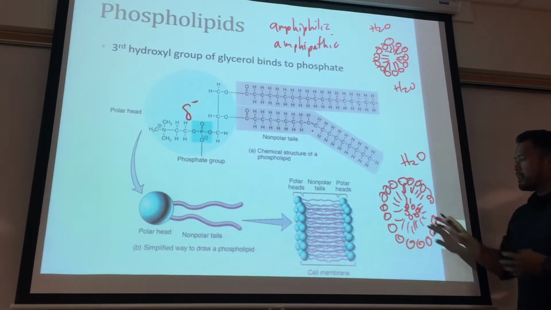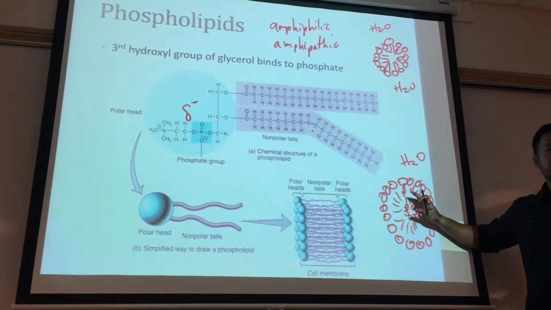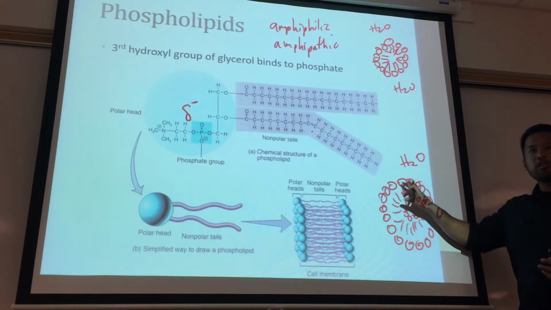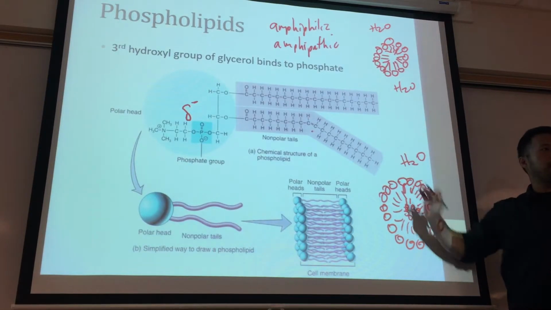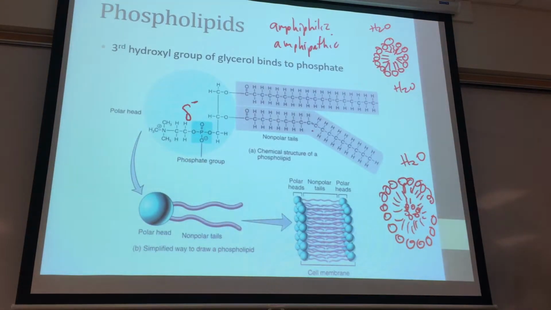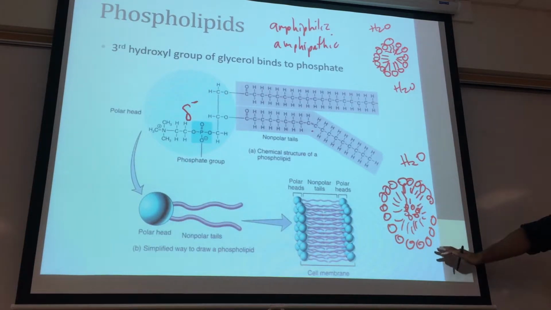That created this hospitable environment, where a premature cell could survive on its own, where it keeps all the bad stuff out, keeps all the good stuff on the inside. So that is the whole concept behind phospholipids.